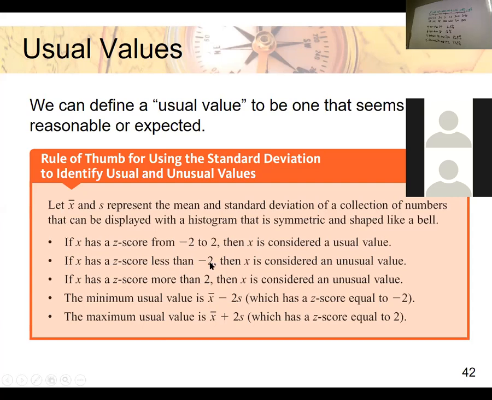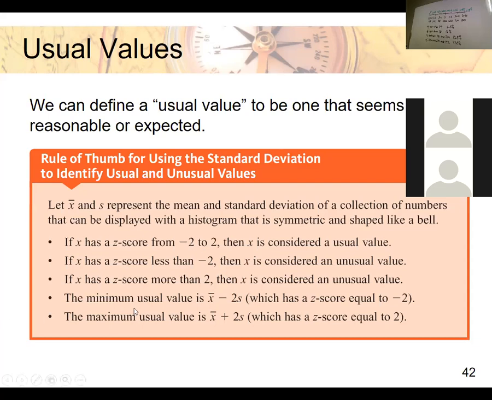Significantly low would be something where the z-score is less than -2. You don't have to worry about that in this class. But any z-score between -2 and 2 would be usual. It's the same idea, just using different words.